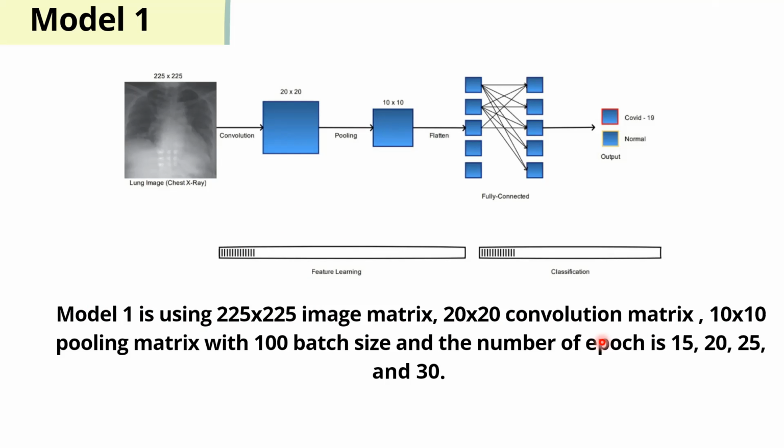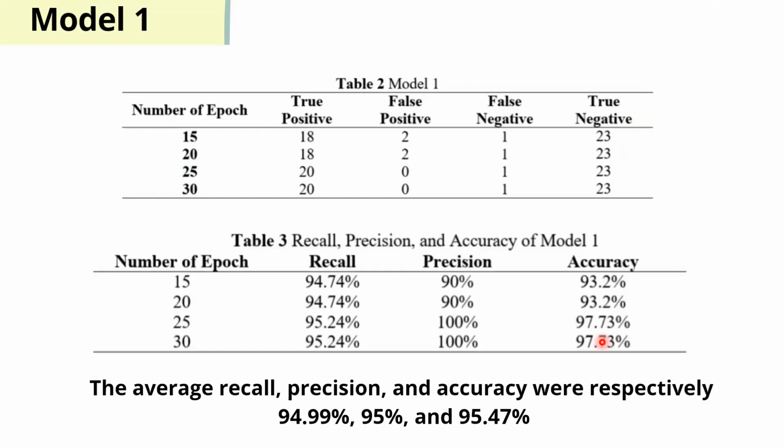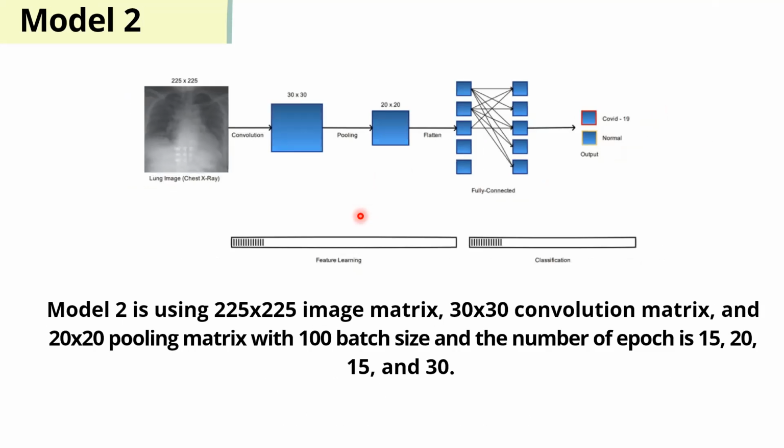The result of our first model can be seen in this table. The average recall, precision, and accuracy were respectively 94.99%, 95%, and 95.47%.